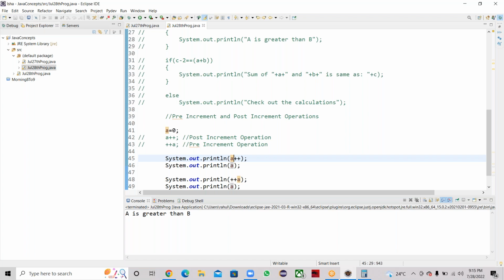A value is 0, so the answer is also 0. I think it's 1 and minus 1. 1 and minus 1, okay. How about Ruchika and Geeta?